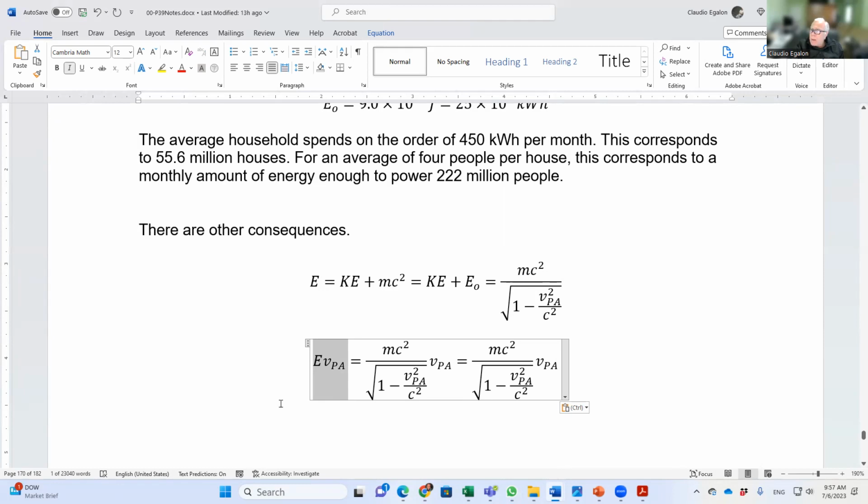Well, there's an important quantity that you're going to see that's going to be related to this formula that you see.